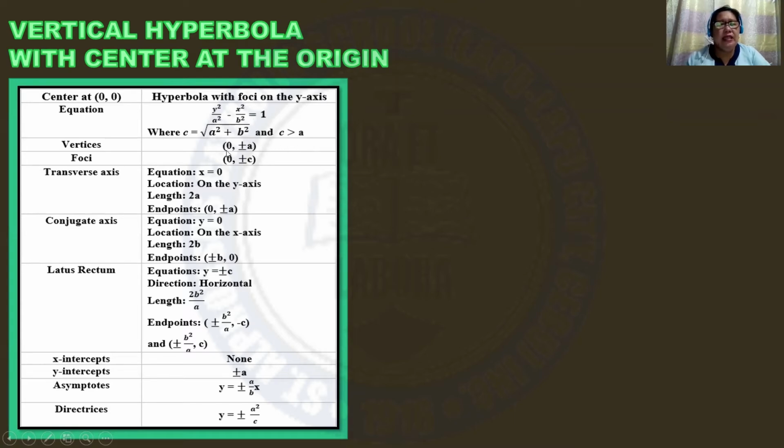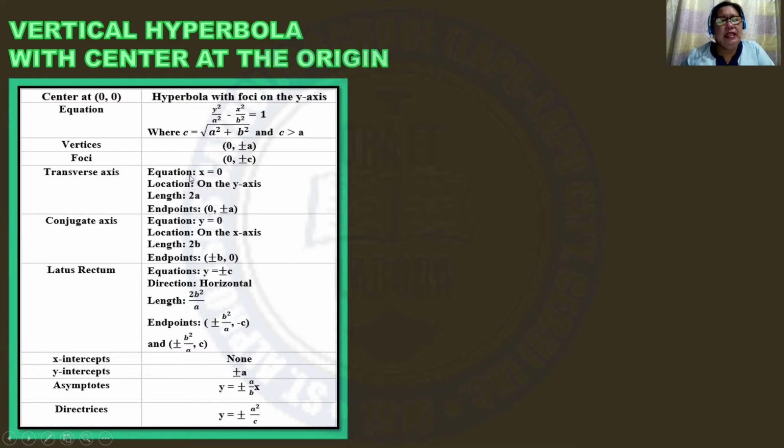For the vertices, this time we interchange the position. Instead of a as the abscissa, we have 0 and the ordinate is positive, negative a. For the foci, we have 0 and positive, negative c.